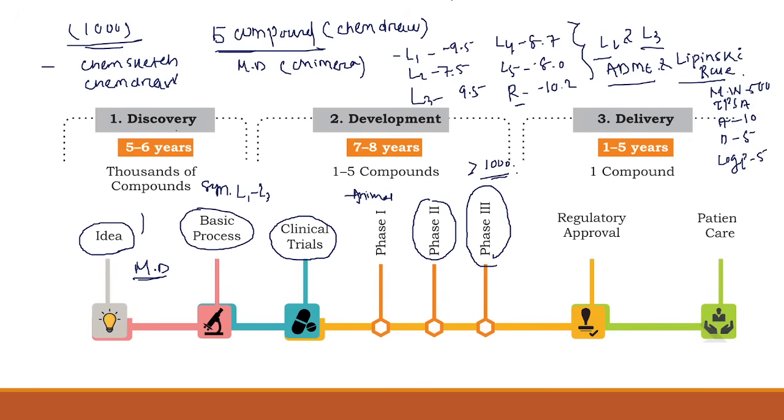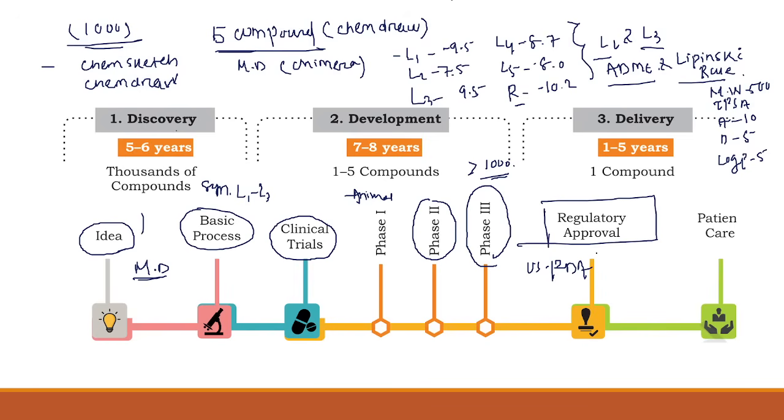After passing phase 1, phase 2, and phase 3 of the clinical trial, we apply for regulatory approval. For this, we have to submit a form to the FDA, the Food and Drug Administration. The full form is US FDA, United States Food and Drug Administration.